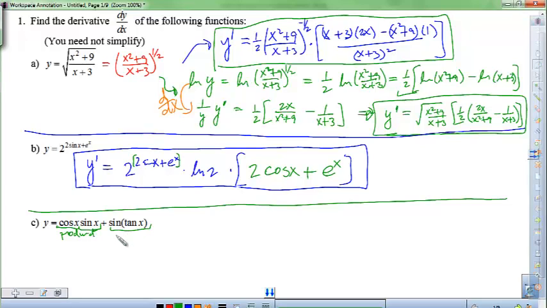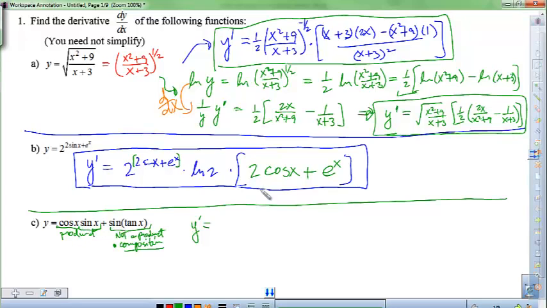This is not a product. This is composition, which will invoke the chain rule. So now that we have those two things separated and figured out, let's take the derivative.